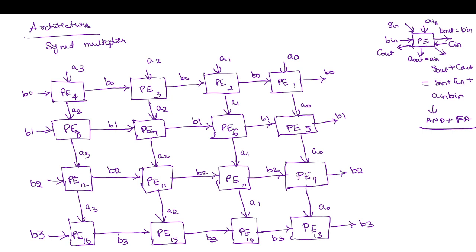Next is SM for the first carry input CM is equal to 0. The next stage this carry will be propagated.